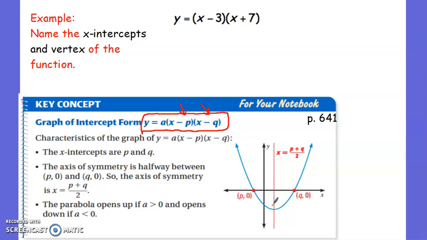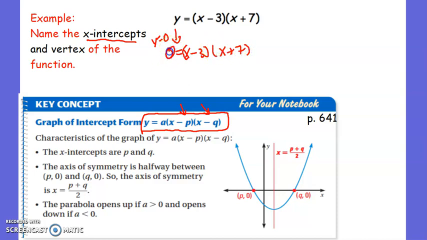So for the question up top, it's in factored form. Now you might be tempted, like I said, to distribute or FOIL that together. Don't do that. Again, the idea is we want to find our x-intercepts and we can use those to get the vertex. So the first thing I'm going to identify is that if y was 0, right, for y equal to 0, that means that 0 equals x minus 3 and x plus 7.